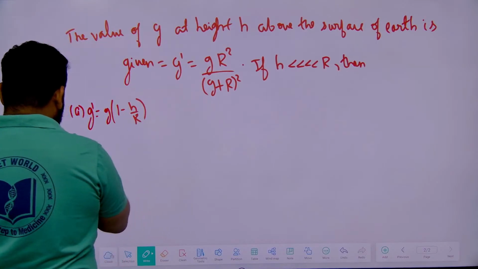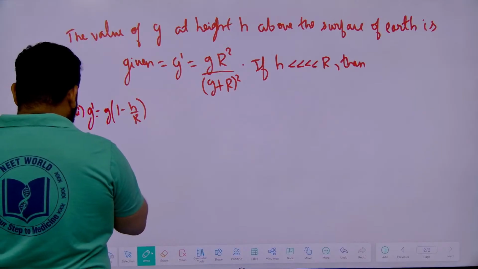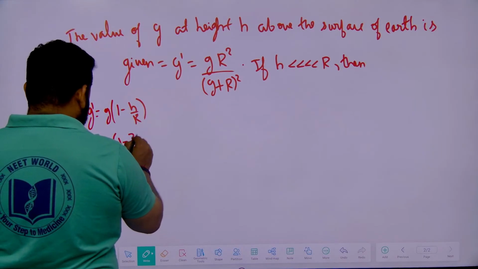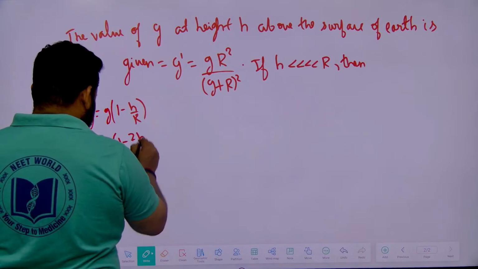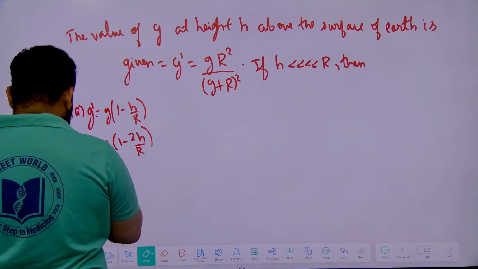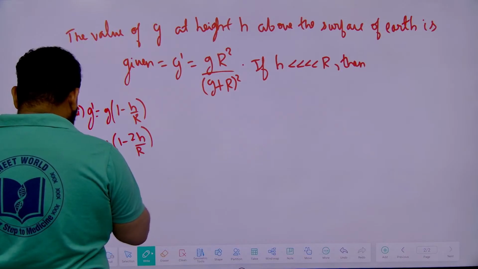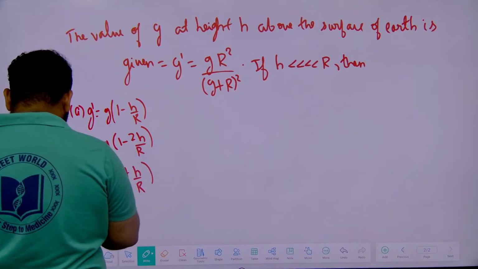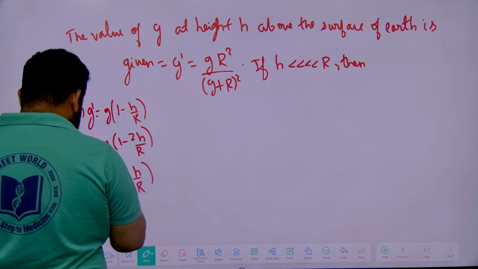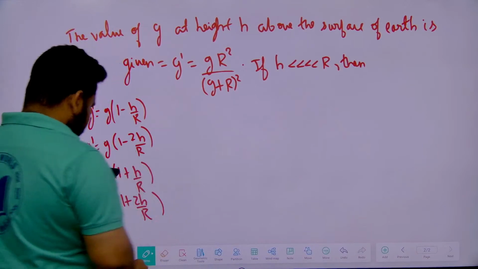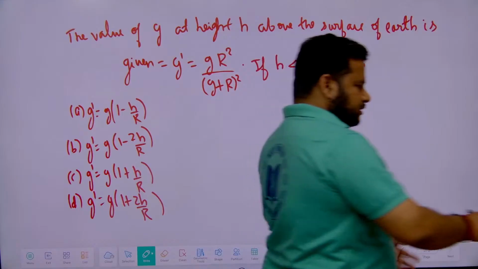Second option: g dash is equal to g into (1 minus 2h by r). Next: g dash is equal to g into (1 plus h by r). Option D: g dash is equal to g into (1 plus 2h by r). This is the question they have given.